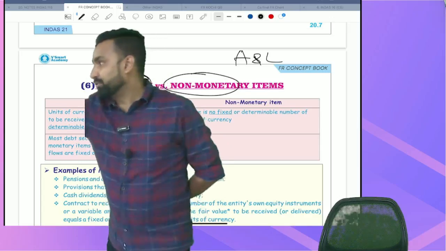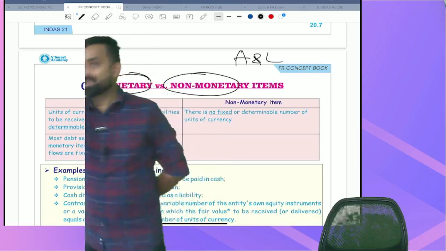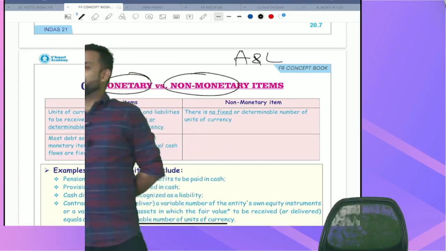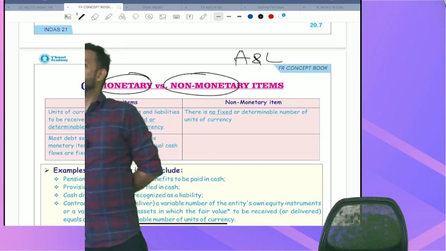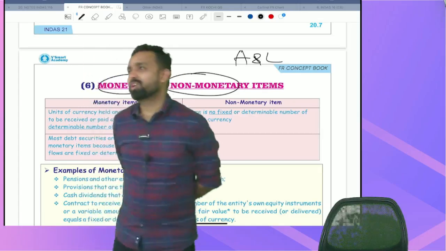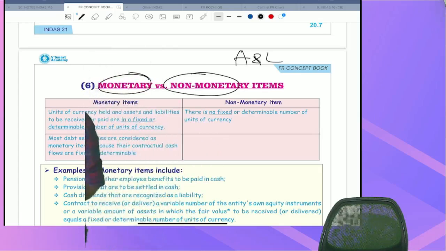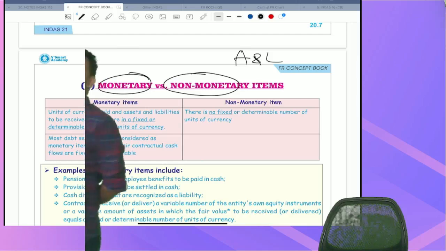We discussed the meaning of foreign operation just now: foreign subsidiary, foreign associate, foreign branch, foreign JV. Okay, understood or not? Try to understand. There's so much beauty in Ind AS. Each and every Ind AS is linked to another Ind AS, technically.